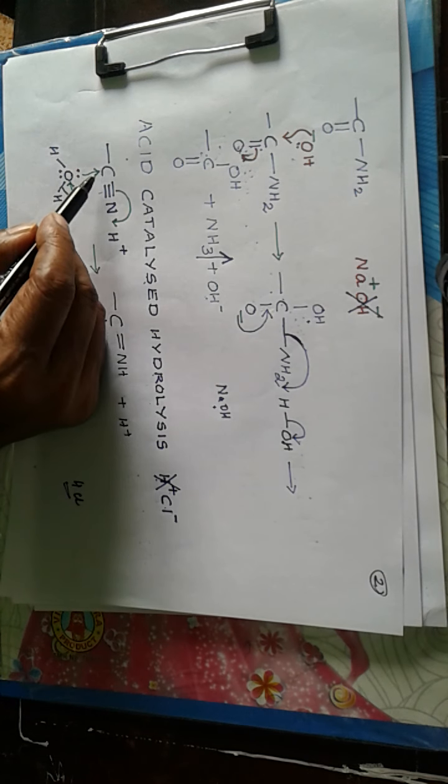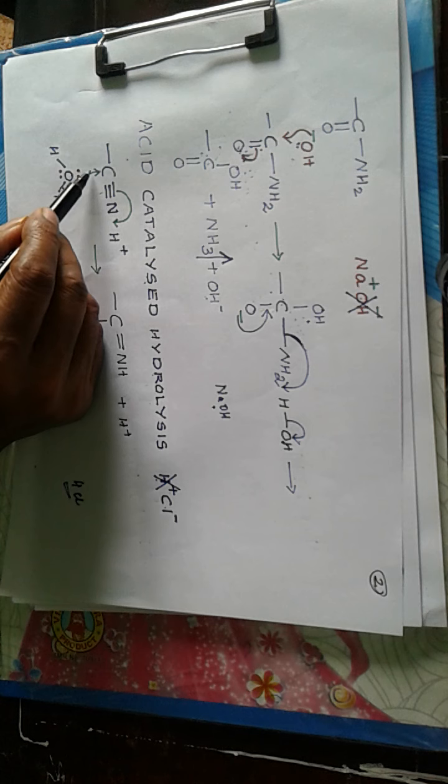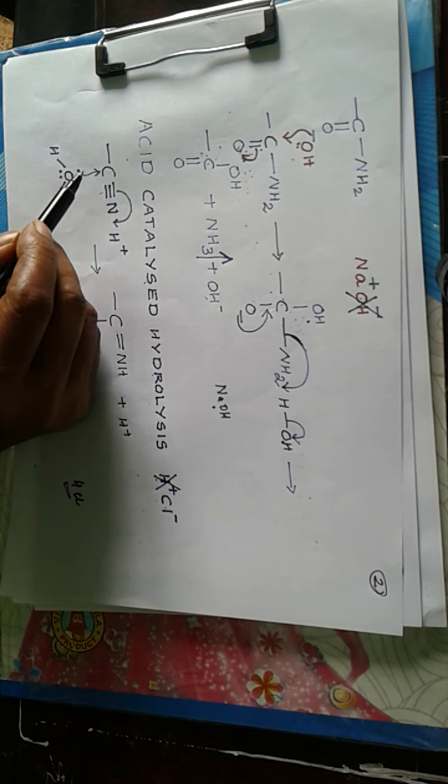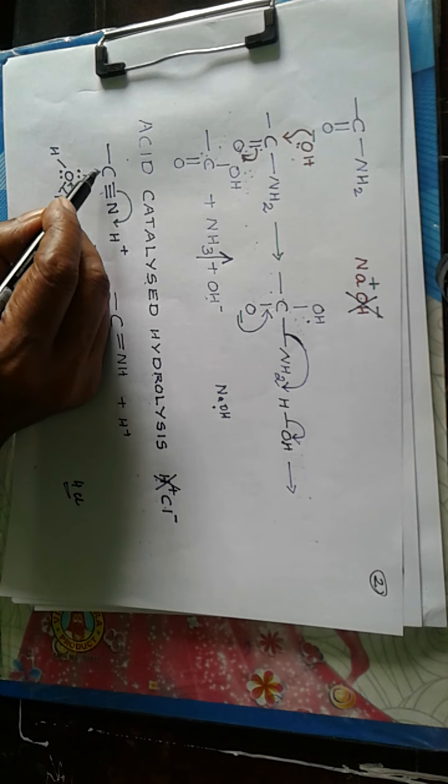Now carbon gets a positive charge and a molecule of water donates its lone pair towards this carbon, and one electron is given to this carbon, so that its positive charge is getting neutralized, and then the oxygen atom gains a positive charge because one of its electrons is given to carbon.